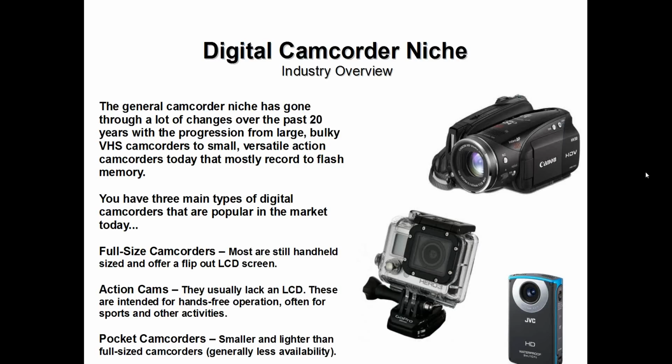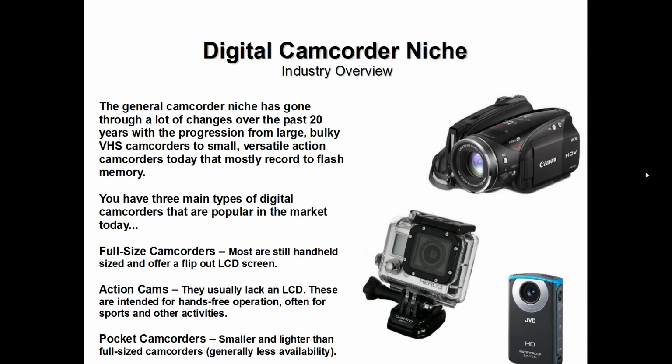Those general types, if you simply try to build a website that is all about action cameras, for example, you're going to find that there is a lot of search competition. They're popular products. They're high dollar value products. So naturally, you're going to have a lot of people trying to pursue referring sales on those products. So you want to actually avoid trying to go after those general product types.